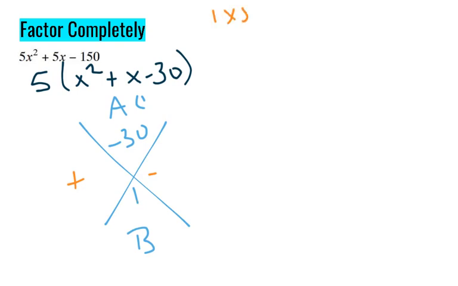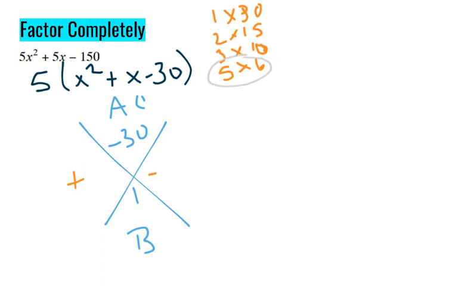We can run through them real quick. 1 times 30, there's no way I'm going to get a 1. 2 times 15, no way. 3 times 10, there's no way I'm going to get to a 1. What about 5 times 6? I can definitely get to a 1 off of 5 and 6.